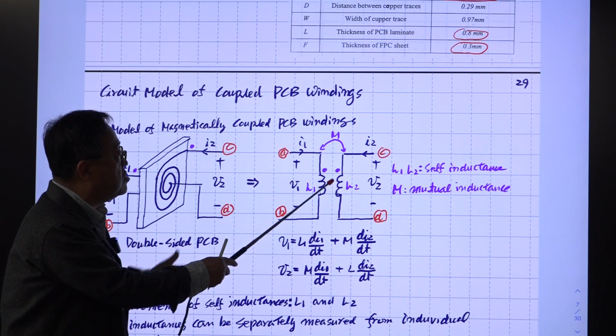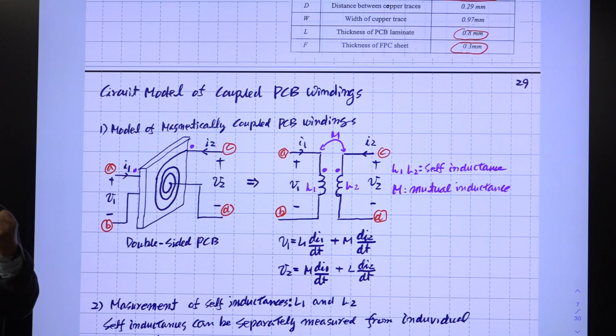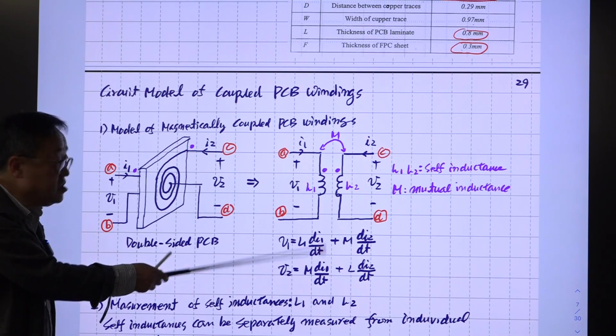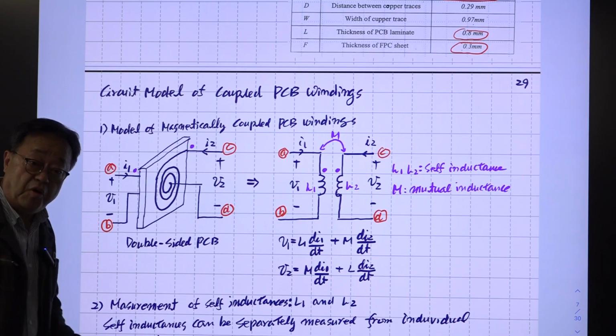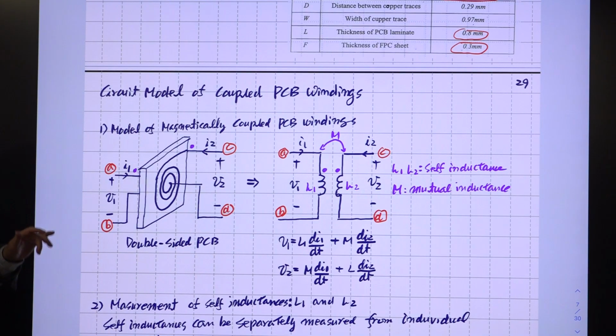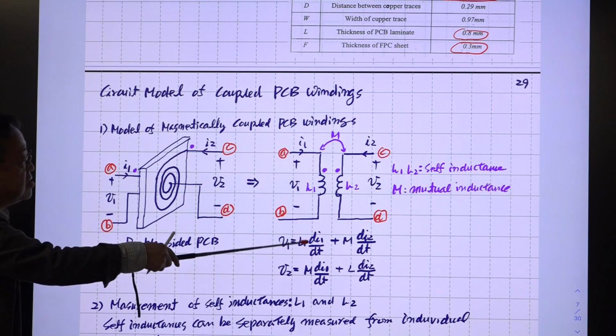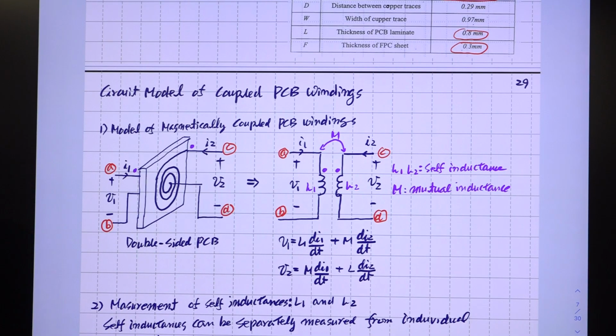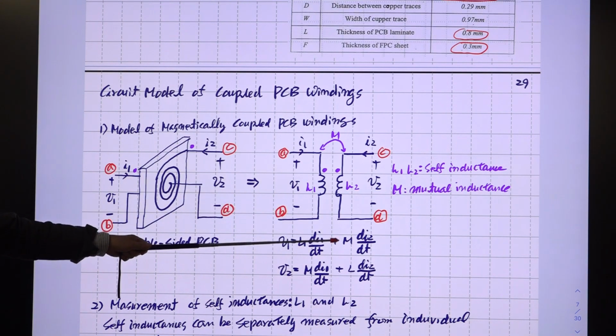This one is not an inductor. This one is something mathematical called a coupled inductor. So it just obeys this equation, right? It's not a winding. It's not an inductor. It's just a symbol, like the ideal transformer symbol. But this model satisfies this equation, and these parameters L1, L2, and M have names. L1, L2 are self-inductances, and this M is the mutual inductance, all right?